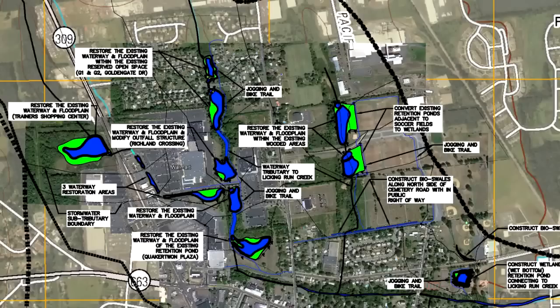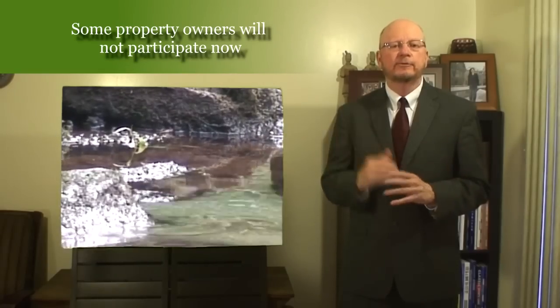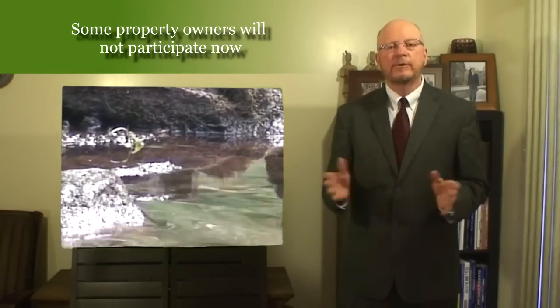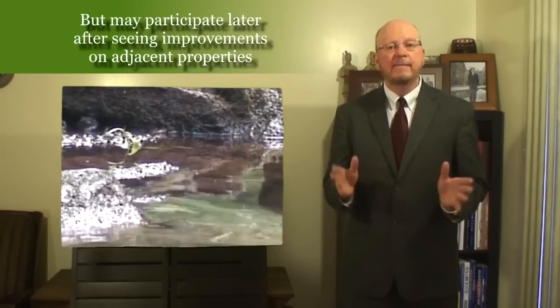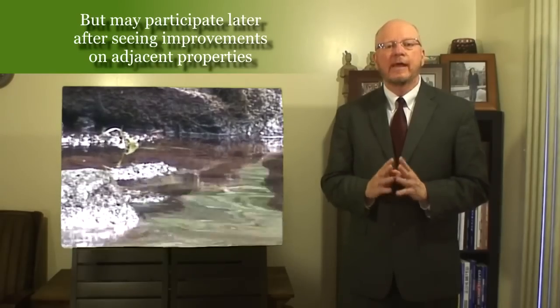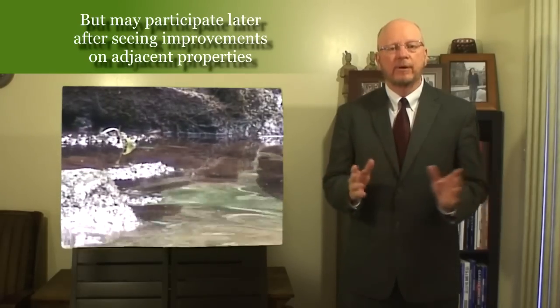A beautiful wet bottom pond can improve the property value, and this should be pointed out to that property owner. The best strategy is to do a preliminary design plan covering as much property as possible and then approach the owners and hope for the best. You will most likely have a percentage of the property owners that will not participate now, but may become interested later after they see the improvements on other properties.